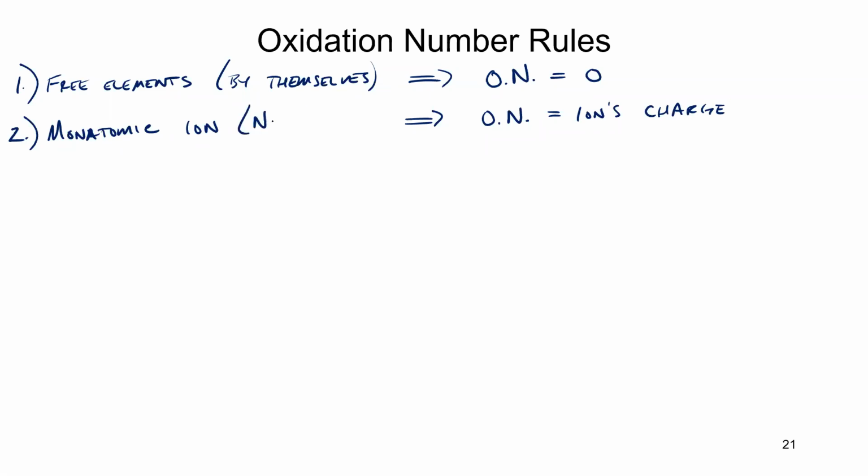Put in parentheses here, N+, 2-. And so whatever the charge is on that ion, that's the oxidation number of that species.